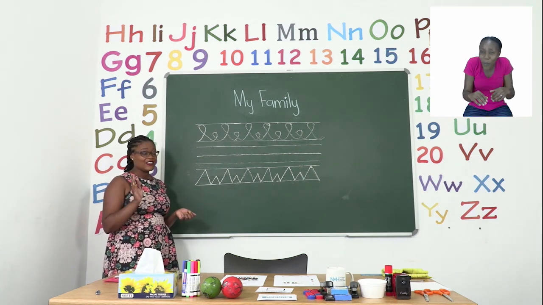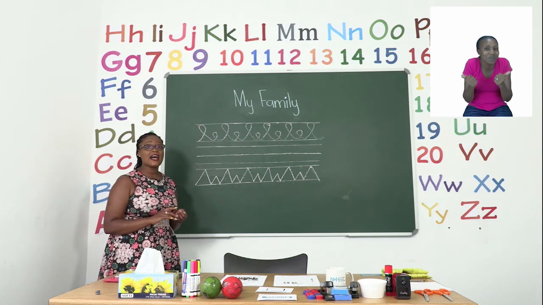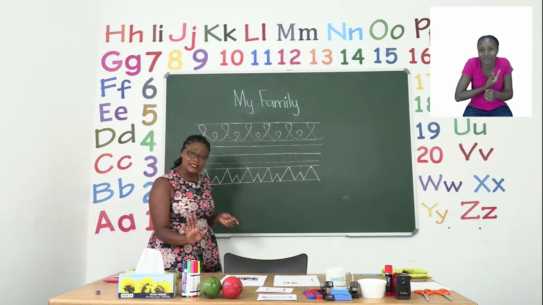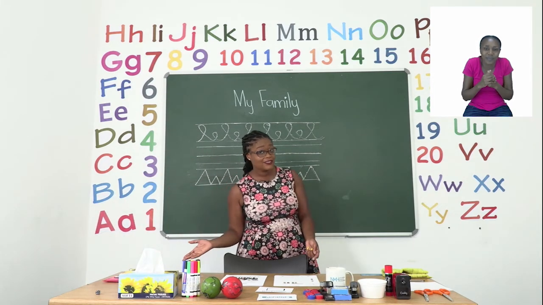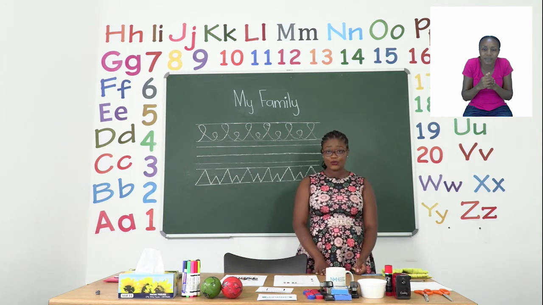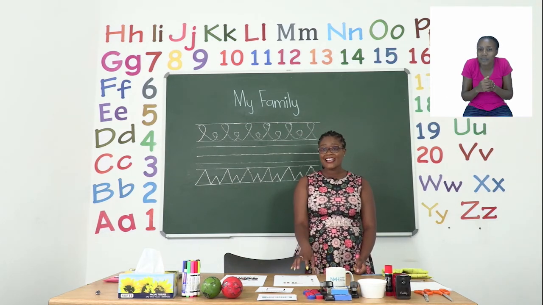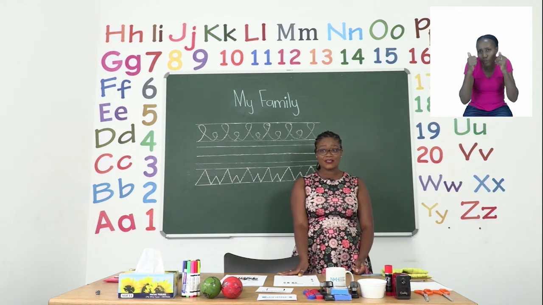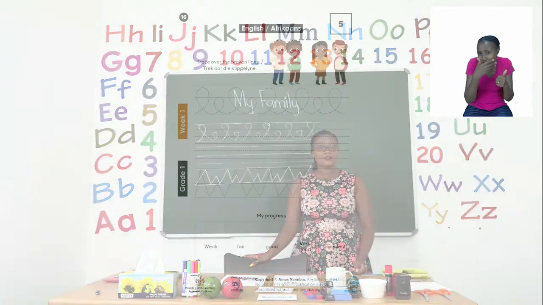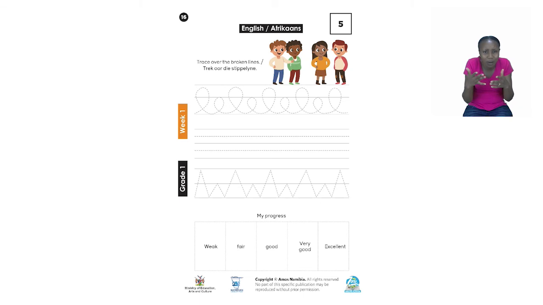Well done. Now you're going to complete it by yourself. And instead of just completing it, you're going to test yourself. Did you do very well? Let's take a look at our exercise at the bottom so that you will be able to give yourself a mark.